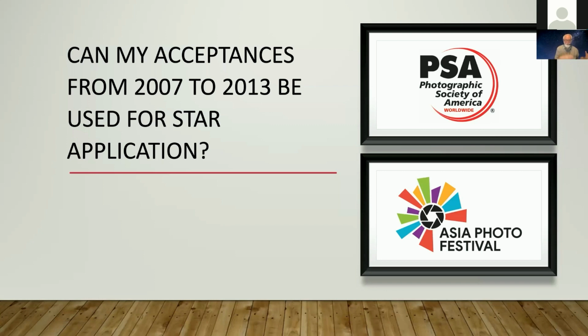To go back 2 years, you'd have to pay $25. And if you had a lot of acceptances from that year that you were able to use, then $25 is good value, because it's basically the cost of entering one exhibition. And if you had even 20 or 50 acceptances from that year that you wanted to use, that's going to be good value to be able to use those for the fee of $25.